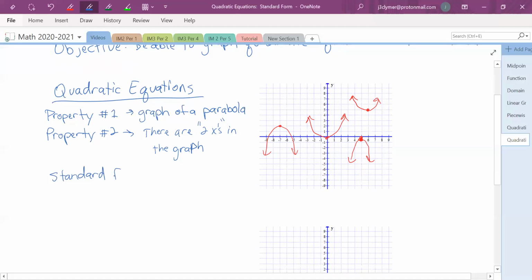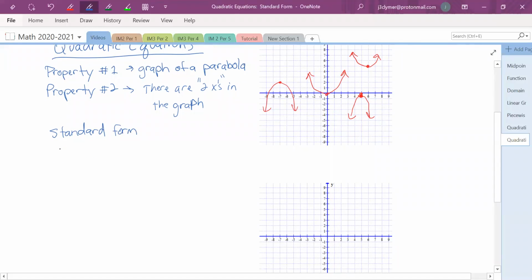Standard form looks like this: y is equal to ax squared plus bx plus c. What we see here is that x is squared. That's what I mean by 2 x's, that x is squared. In factor form, which we talked about last time, there are 2 separate x's that are multiplied together.